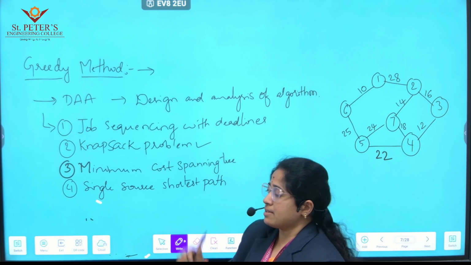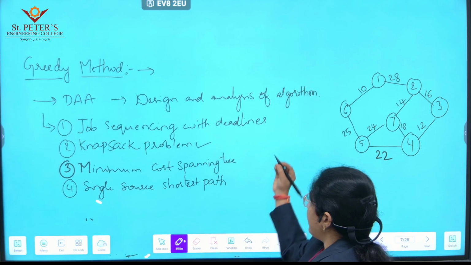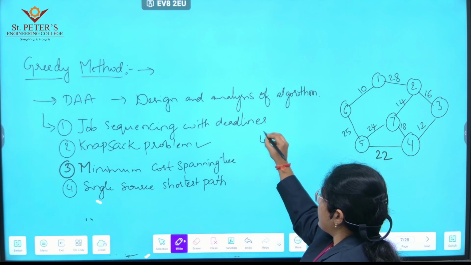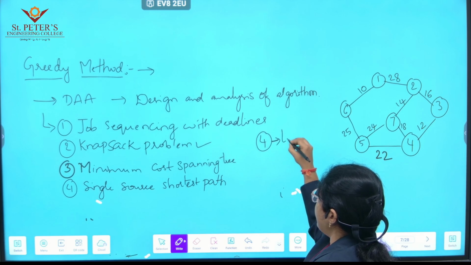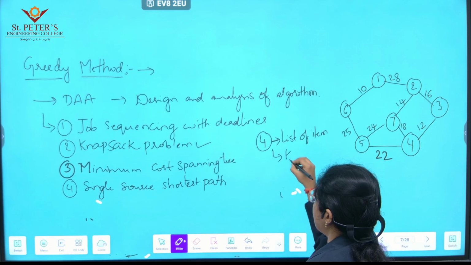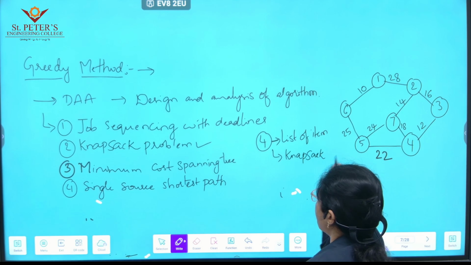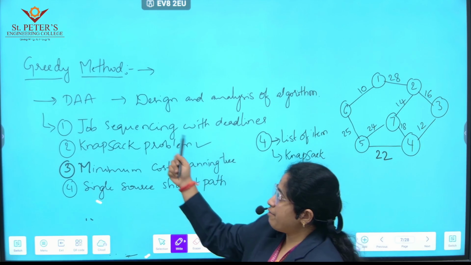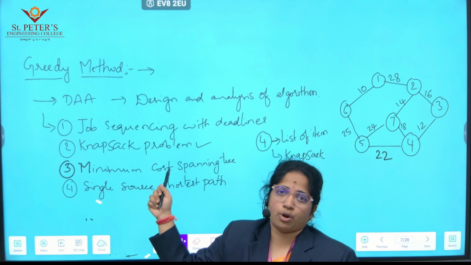The second one is the knapsack problem. Here knapsack is nothing but a bag. For example, if we take a list of 4 items, we need to place these items into the bag. This is the knapsack problem. By using the greedy method we will find the best solution for the knapsack problem.